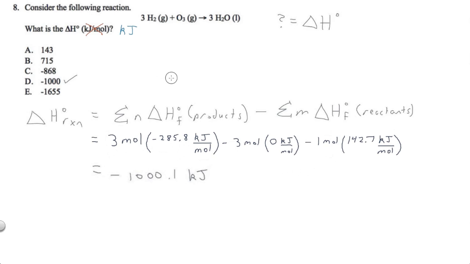But as I mentioned earlier in this video, n and m, the stoichiometric coefficients, have units of moles. So we can see that the units of moles cancel, and therefore the final correct units for our result when we use this formula are kilojoules.